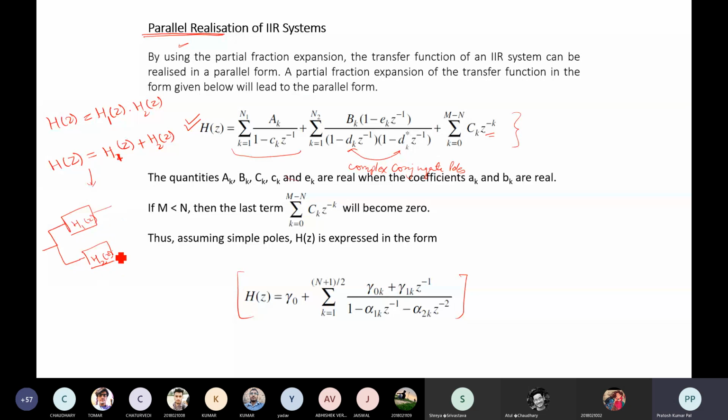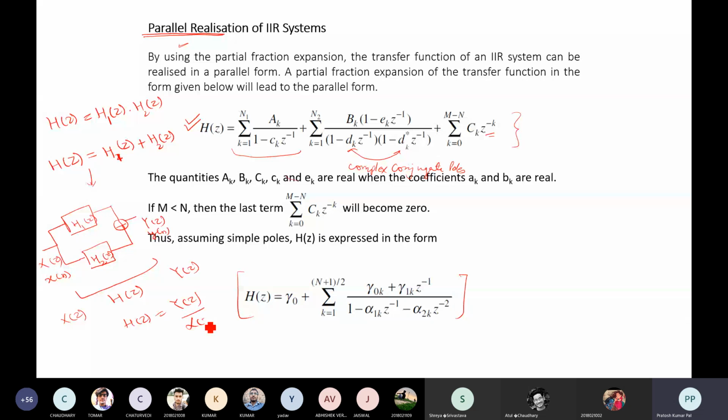After the parallel realization, an adder gives the output, that is y of z, and the input is x of z, or in the time domain, x of n as input and y of n as output. This block gives h of z. So y of z is output, x of z is input, so h of z equals y of z divided by x of z.